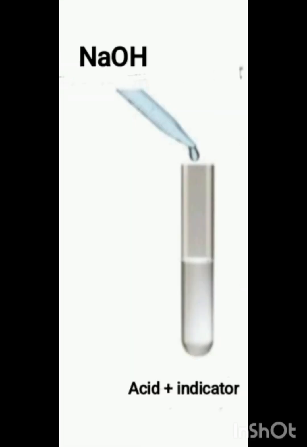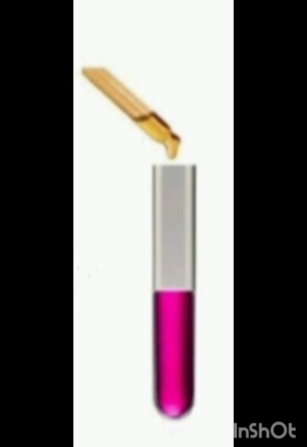No. Add to the acidic solution sodium hydroxide solution drop by drop. Stir the tube gently. Is there any change in the color of the solution? No. Continue adding the sodium hydroxide solution drop by drop while stirring till the pink color just appears.